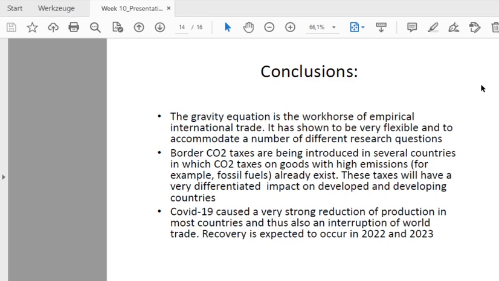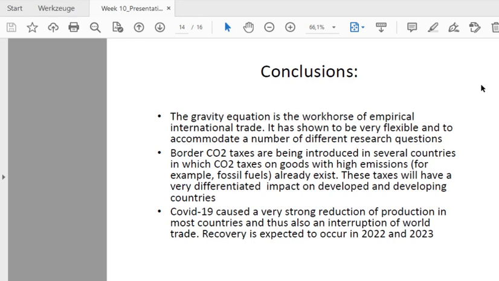Border CO2 taxes are being introduced in several countries on their way to reduce CO2 emissions. They, of course, want to fight leakages, and they don't want to import goods with high emissions in production.